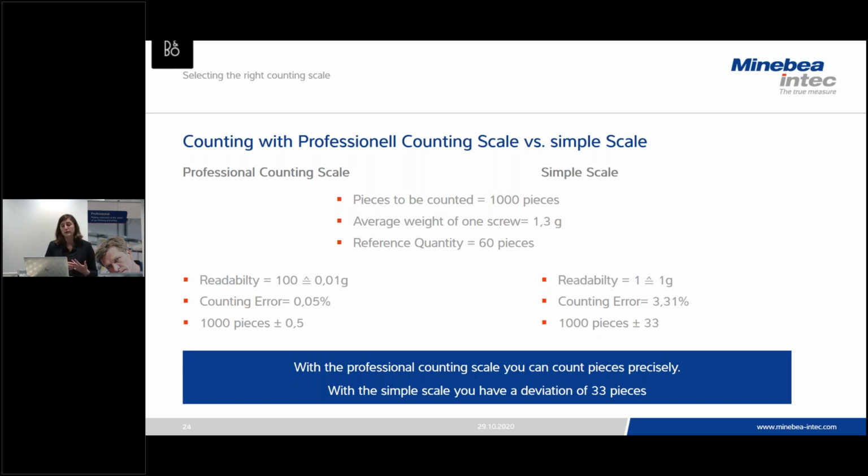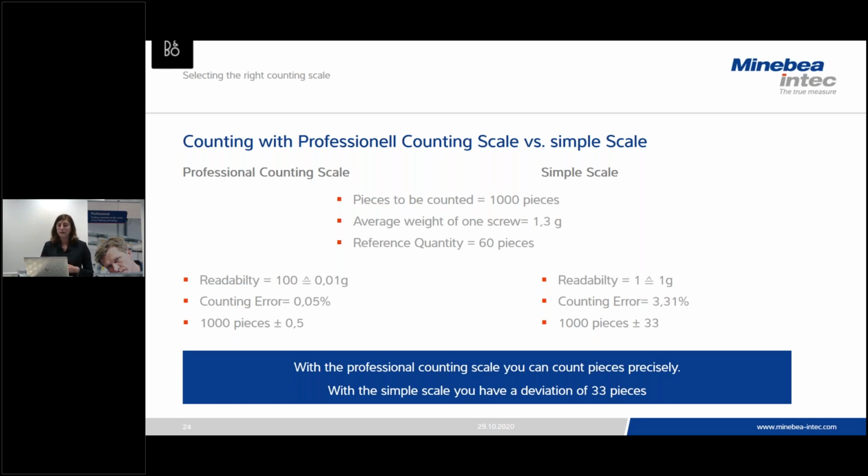With our professional counting scale, we have a readability of 0.01 gram or 100 digit, and by that, we have a counting error of 0.05%, which is an absolute, as I already said, of 1,000 pieces plus minus 0.5.